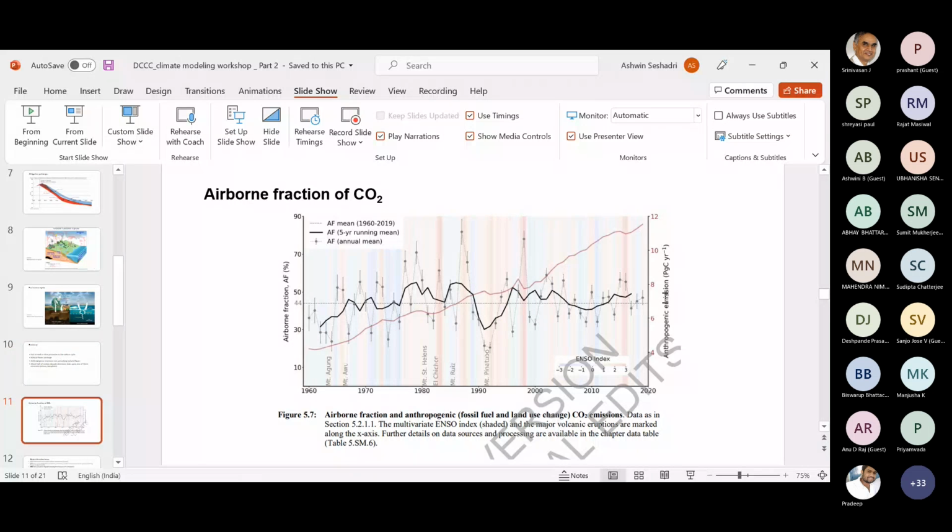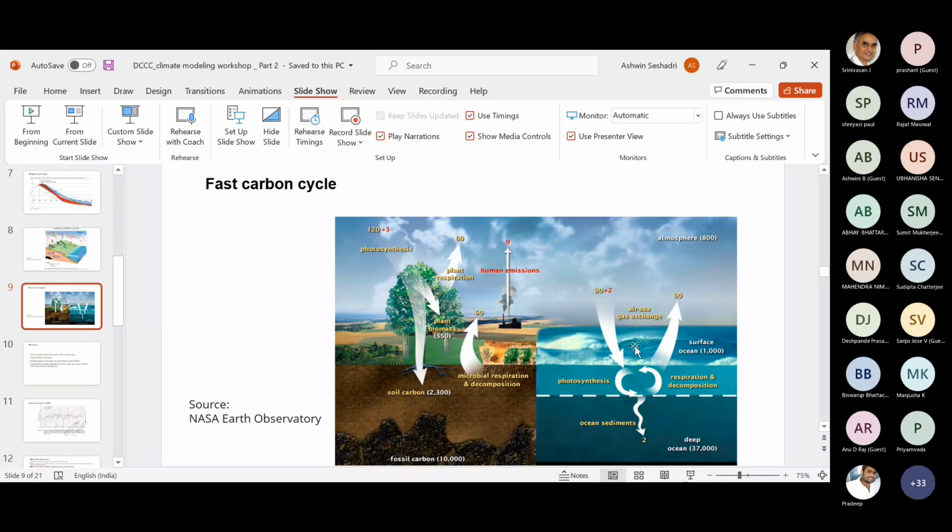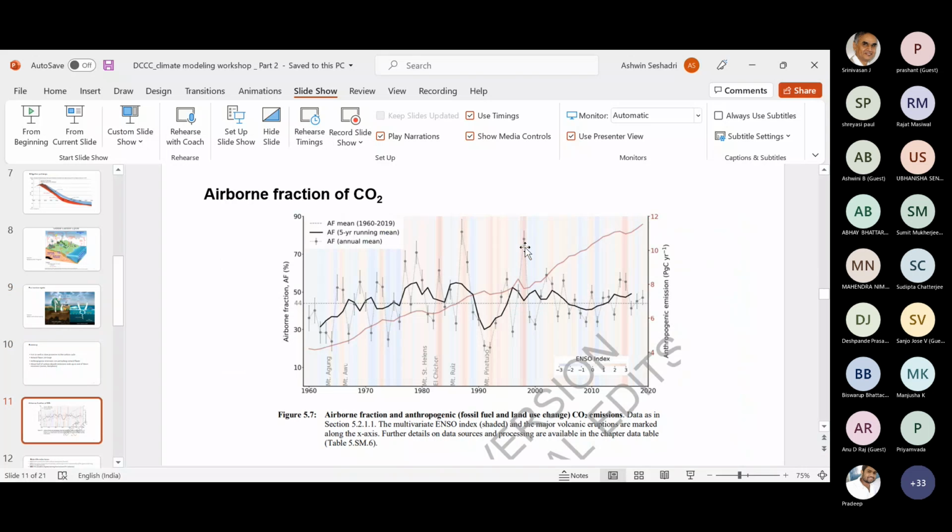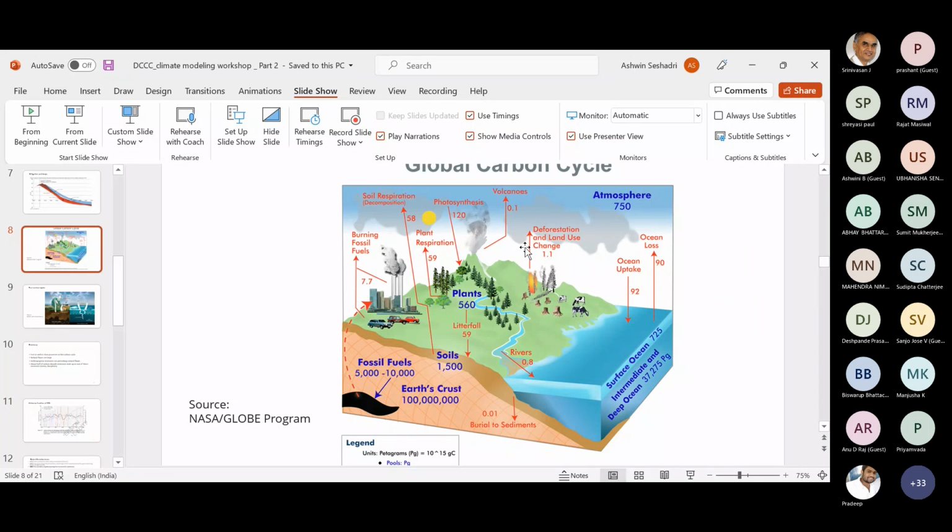The additional fact is that the rest takes a long time to be taken up by these slow processes. In other words, the fast carbon cycle, that's this 3 and this 2, takes up about 50% of the 9, and the slow carbon cycle takes a very long time to operate, because the fluxes are very small, as you see here.